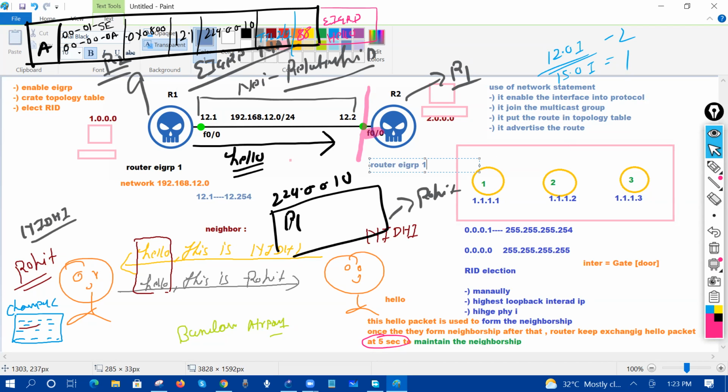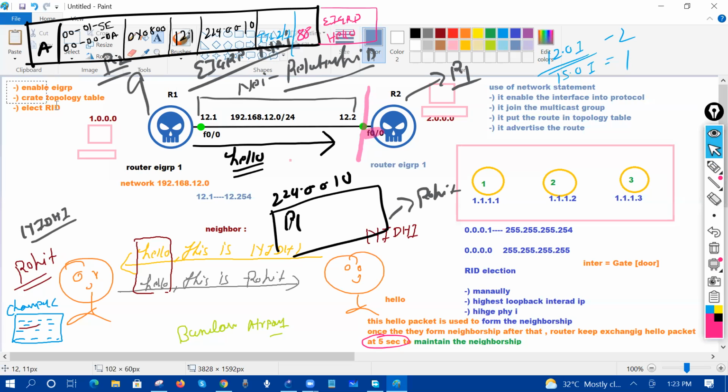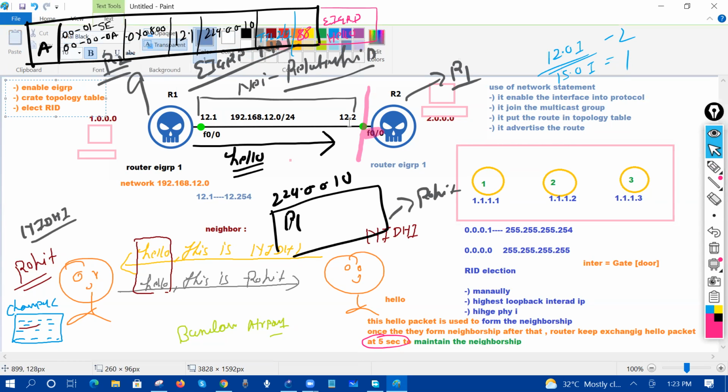This command is just going to create this thing. But if you want to enable this interface 0/0, we need to do this thing. So that's why R2 is dropping the packet, because this interface is not a part of the multicast group.